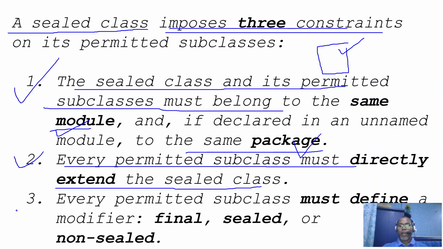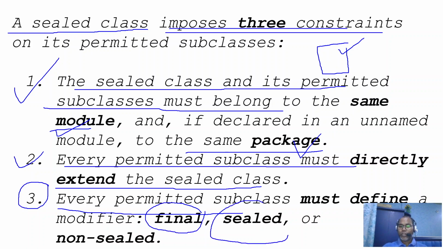Okay, and third, every permitted class which is going to implement your sealed class must define a modifier. Your subclasses can be final, sealed, or non-sealed. Final means no further subclass is allowed. Sealed means you must specify some further subclass. Non-sealed means there can be subclasses or not, both are options.